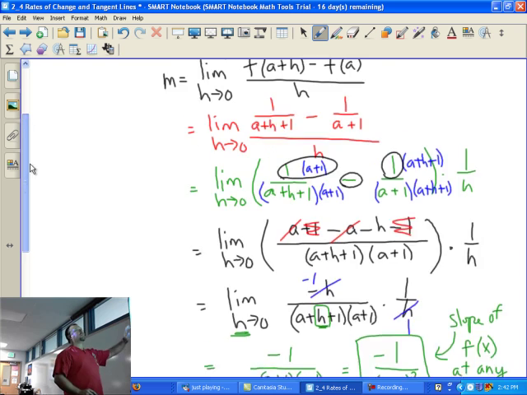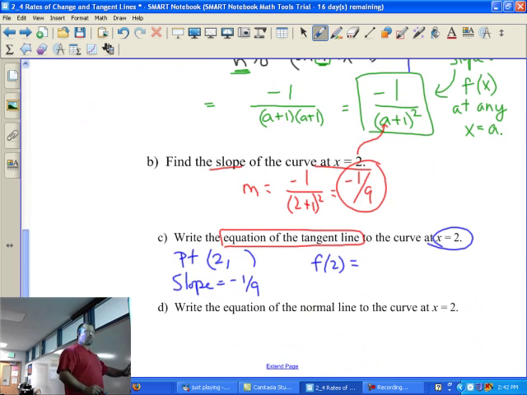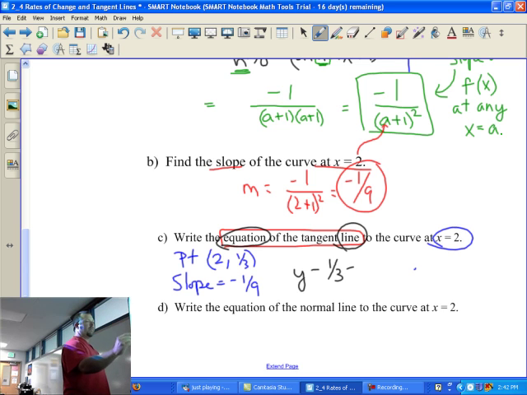My original function, if you don't remember, was 1 over x plus 1. So this is 1 over 2 plus 1, also known as 1/3. So my point is 2, 1/3. Okay? So my equation of my line is in point slope form, y minus 1/3 equals negative 1/9 times x minus 2.